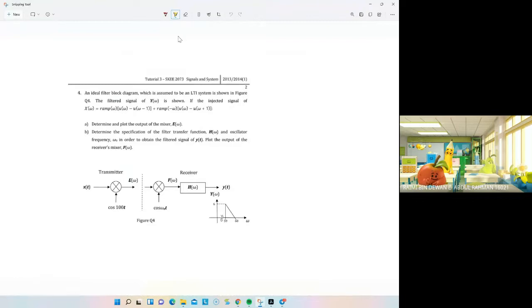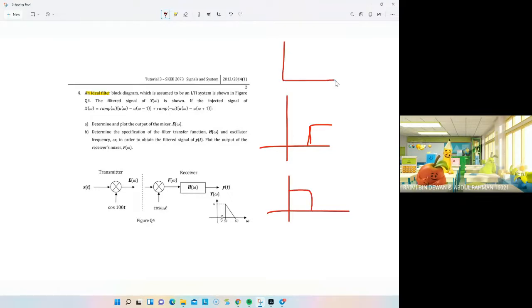Okay. So the word ideal filter here means you will have an ideal shape. For example, a high pass filter with a 90-degree edge, and another one is a low pass filter, also 90-degree. You know the practical filter is not like that. The practical filter is like this.